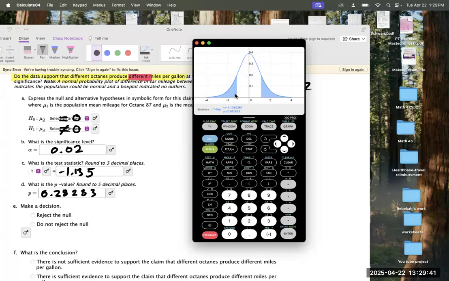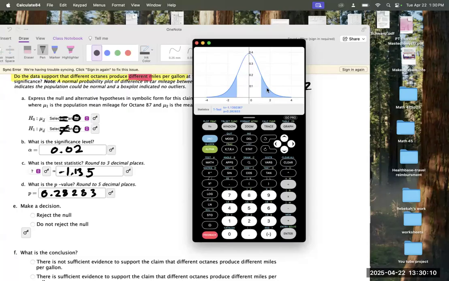However, in a two-tailed test, they go that same distance on the other side, because they're saying that these differences might be as small as this or as large as that on the other side as well. So they've gone symmetrically the same distance from the center to 1.13 on the other side, and they shaded everything to the right of that.